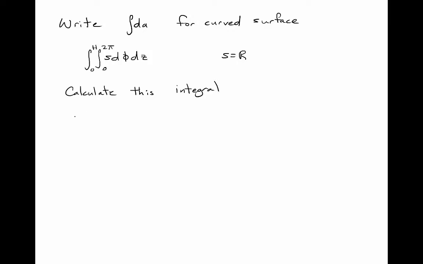Okay, so if we pull this out, we're going to separate this out into 3 different parts. S is a constant when it comes to phi and z, so I pull the s out. Then I have an integral over z and an integral over phi. Well, I know that s is r on this surface. Then we integrate dz and get z.